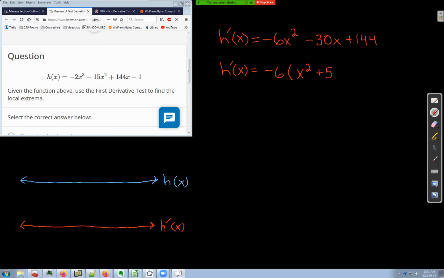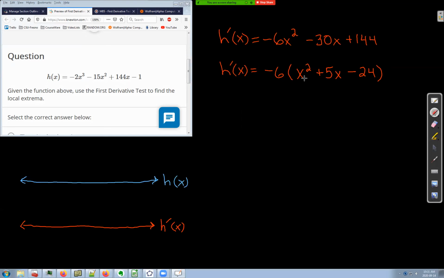Oh, sorry, and why am I factoring this again? Because I want to know when this is positive and when this is negative. So I want to simplify this as much as I can, so that'll help me figure out where this is positive and where this is negative. Okay, and then 6 goes into 144, what is that, 24 times? So negative 24.